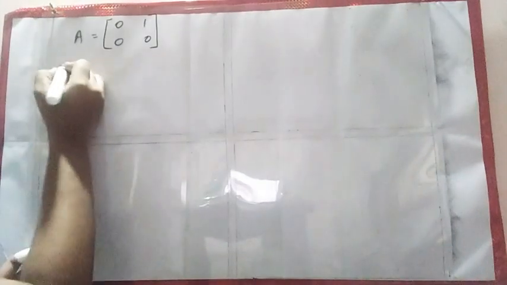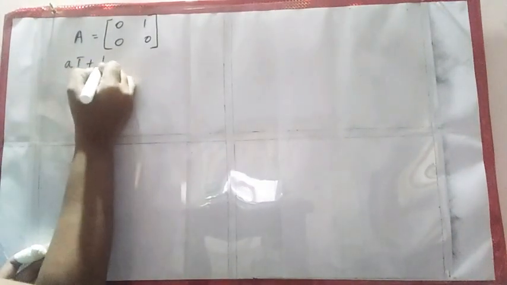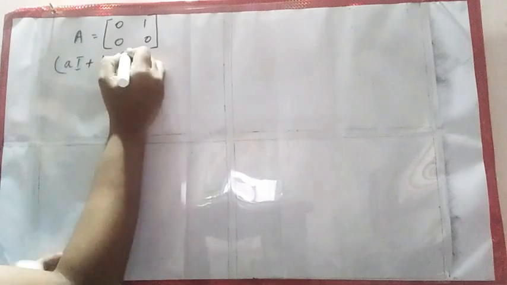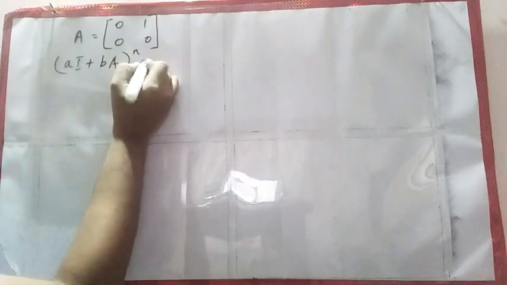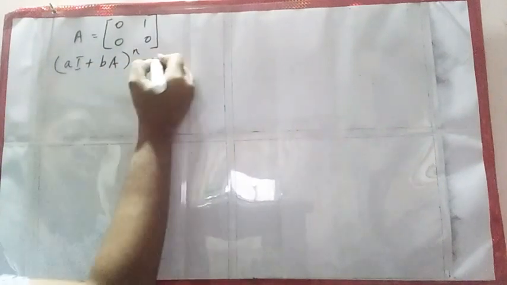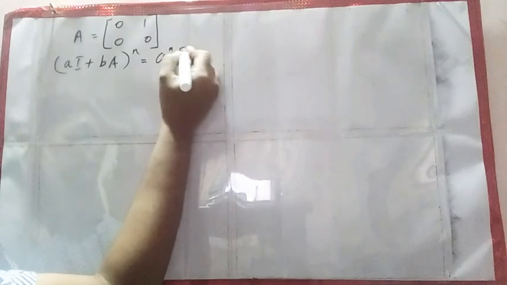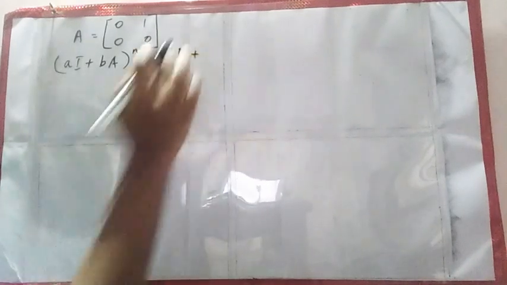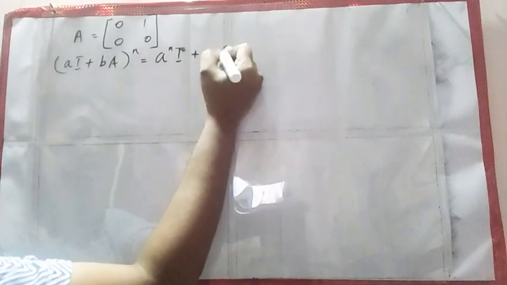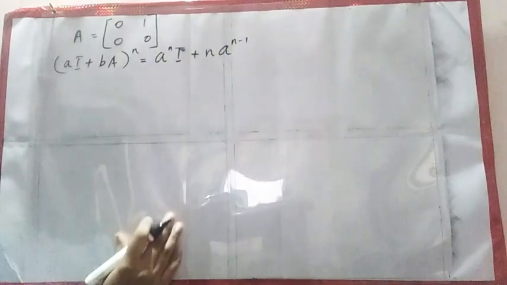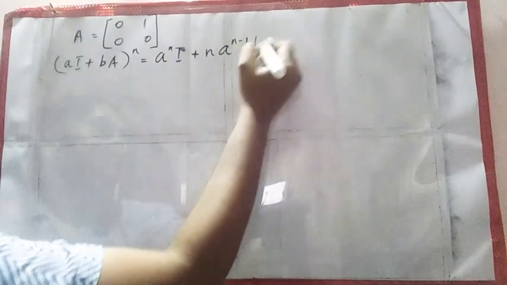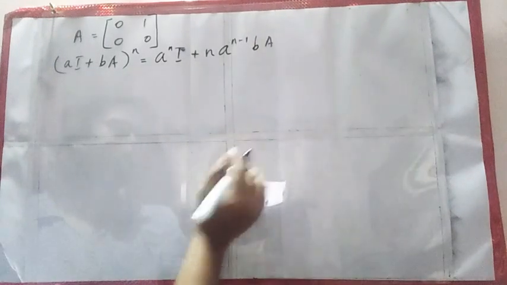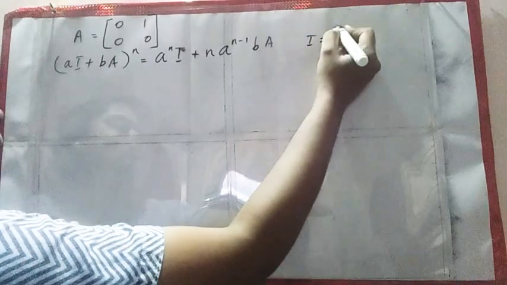Show that (aI + bA)^n is equal to a^n I + n a^(n-1) bA, where I is an identity matrix of order 2 by 2.